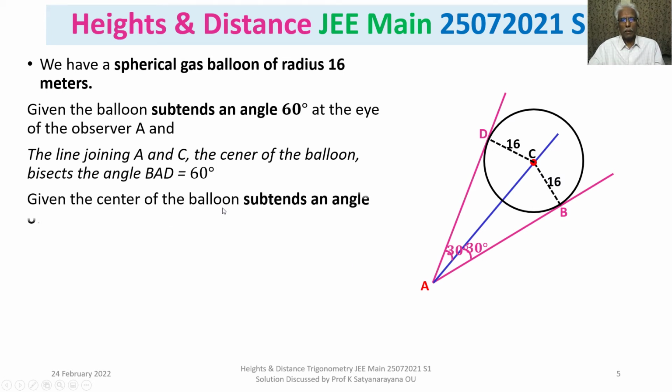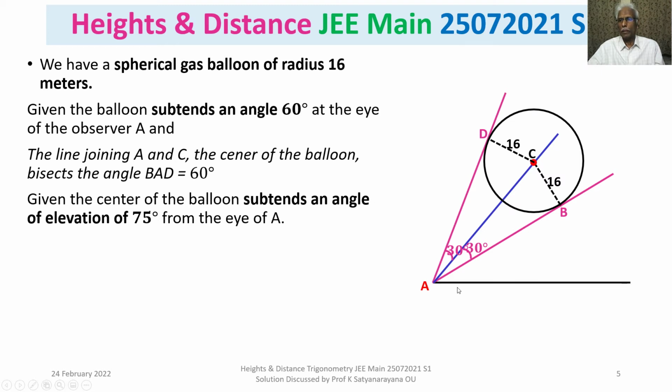Given the center of the balloon subtends an angle of elevation of 75 degrees from the eye of A. So we have drawn the level of the eye, and the center of the balloon subtends an angle of 75 degrees from the eye of A. So this will be 75 degrees.